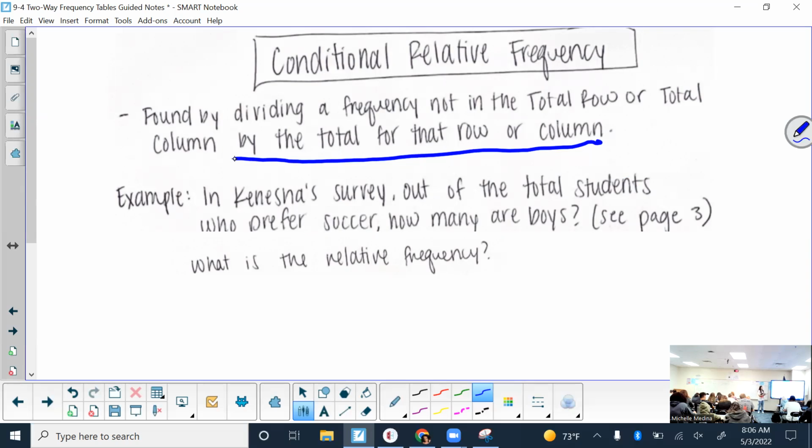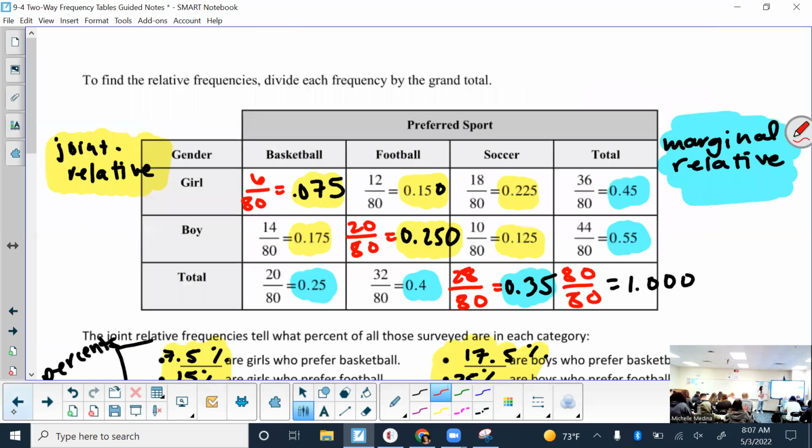All right, and here's an example. So Kanisha's survey, the one that's on page 3, we're talking about that one. Out of the total students who prefer soccer, so not out of the total students surveyed, just out of the total students who prefer soccer, how many are boys, and then what's the relative frequency? So how many total students prefer soccer? I'm gonna flip to page 3 for a second. 28 total students prefer soccer.